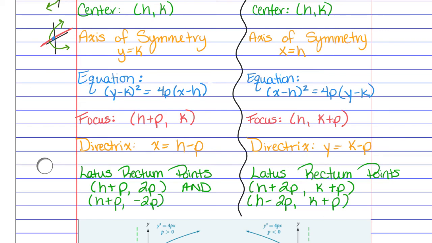And then your latus rectum points, again, are the distance from the focus, 2p units away. If it opens up or down, then your latus rectum moves left and right, so it moves in the opposite direction of how it opens. If your parabola opens left to right, then your latus rectum moves up and down.